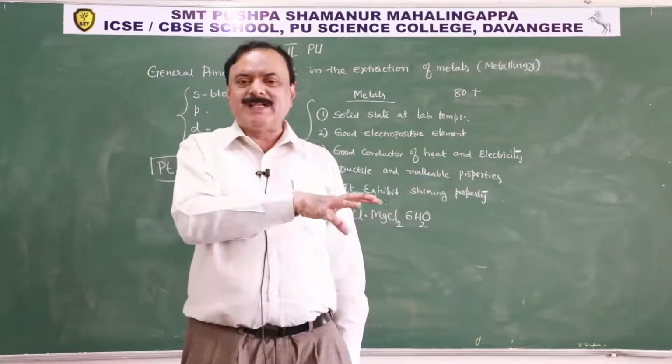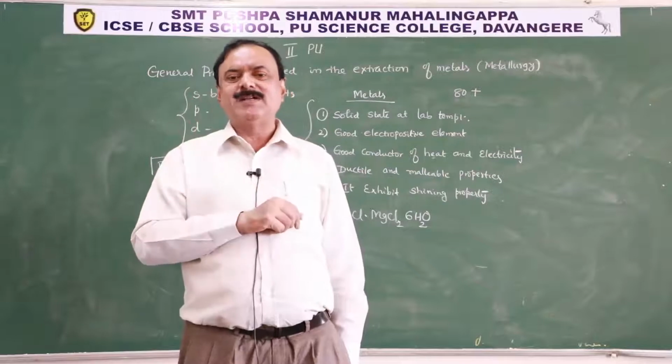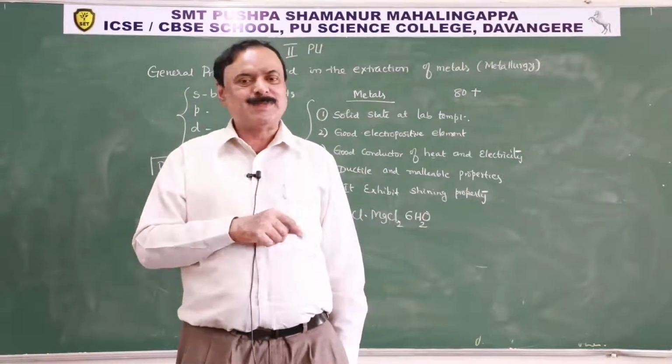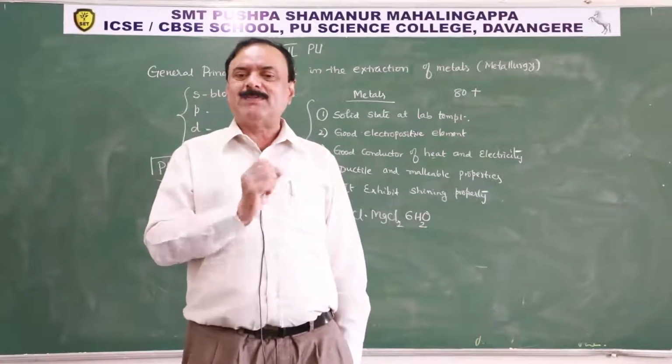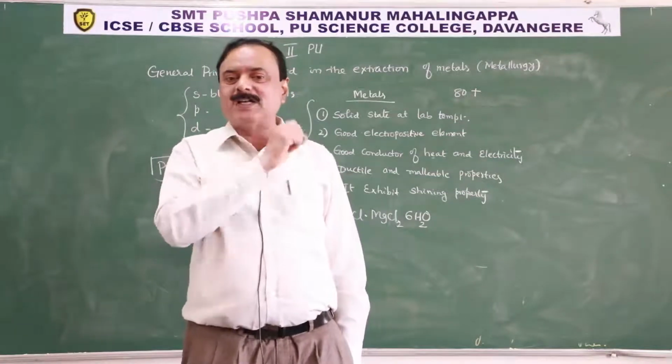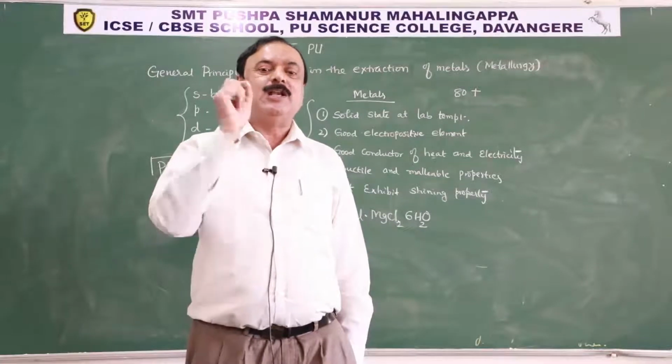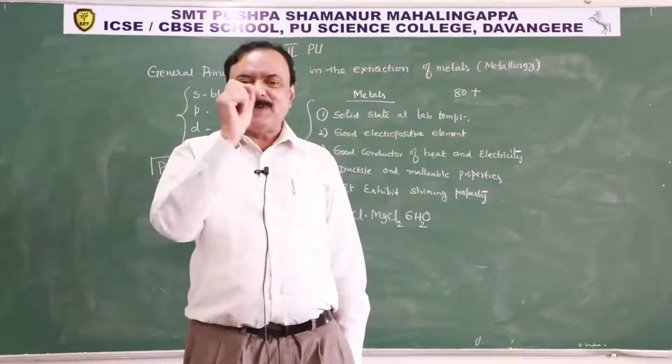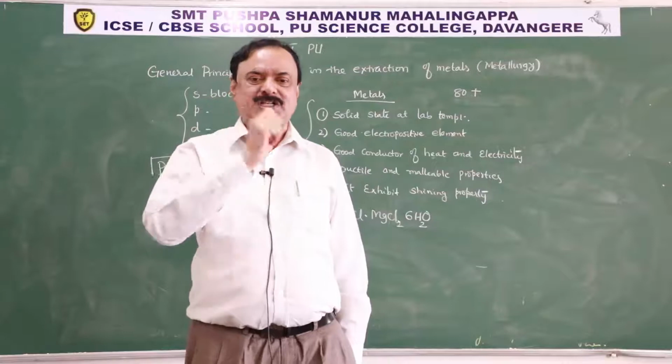Therefore, group 13 elements are usually non-metals, electronegative elements, but not all. Some elements which exhibit metallic character are also found in p block, for example aluminium. Aluminium is a p block element, but it exhibits metallic nature.